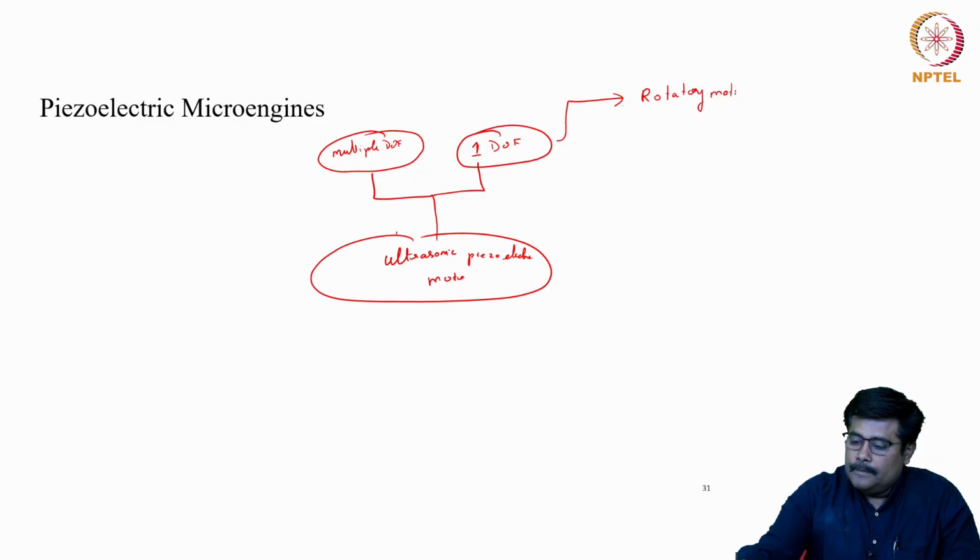In the case of a 1 DOF, it is classified as rotary motion and this is classified as linear motion.